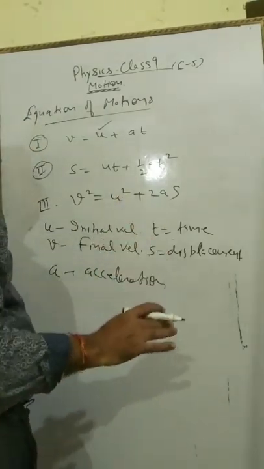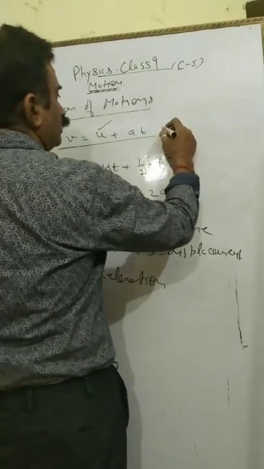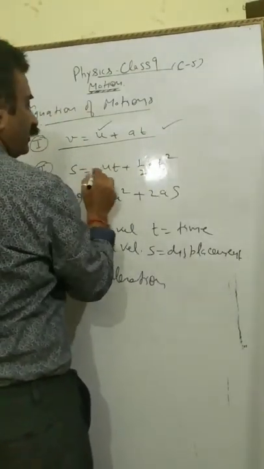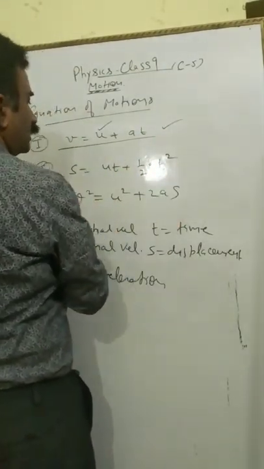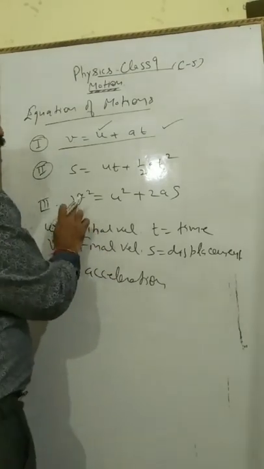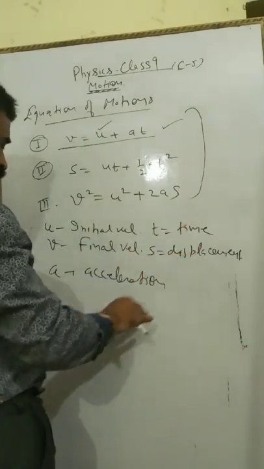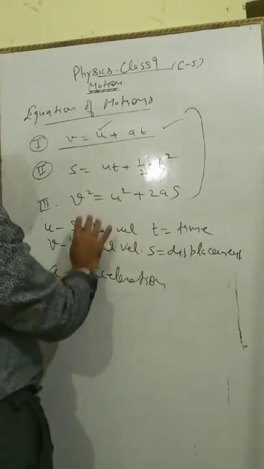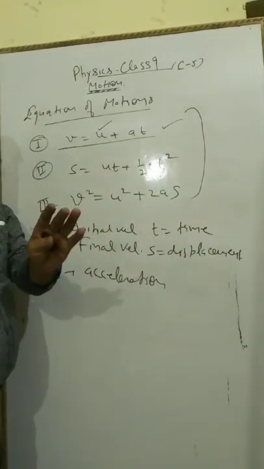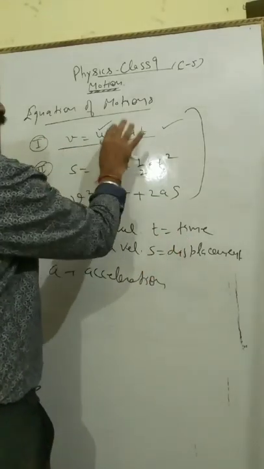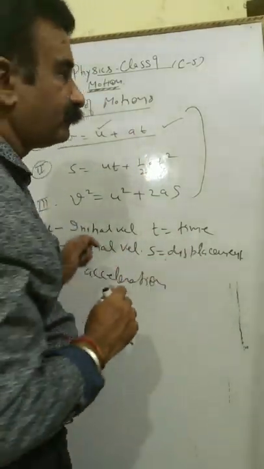Five variables are here, and each equation has 4 variables. All the equations have 4 variables. In totality, there are 5 variables. When you have to calculate things, a minimum of 3 things will be known, and the 4th you have to calculate.